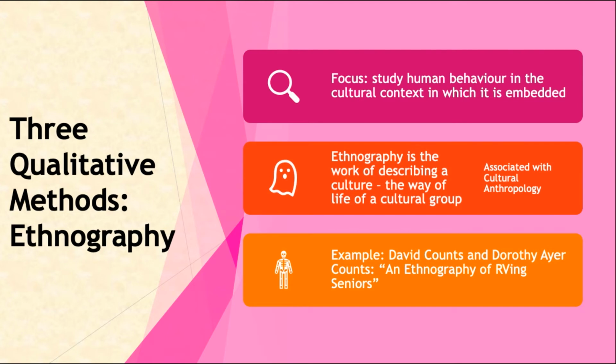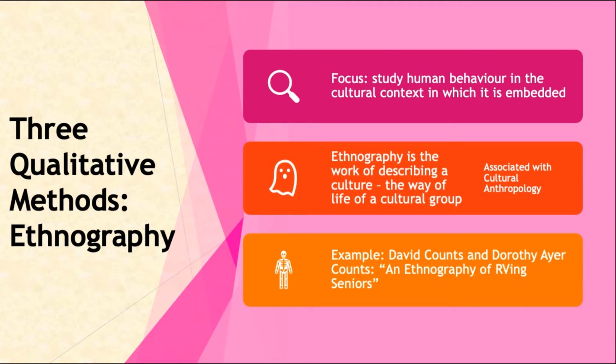So we start with the first one, anthropology. It focuses on the study of human behavior in the cultural context in which it is embedded, as I just explained. Ethnography is the work of describing a culture, the way of life of a cultural group, associated with cultural anthropology. An example here is David Count and Dorothy Ayer Count.